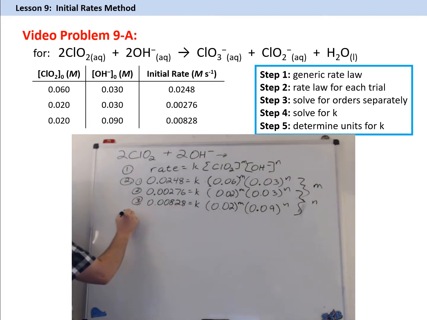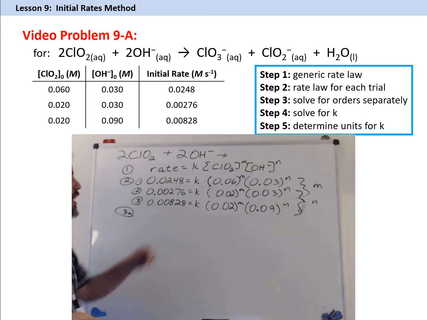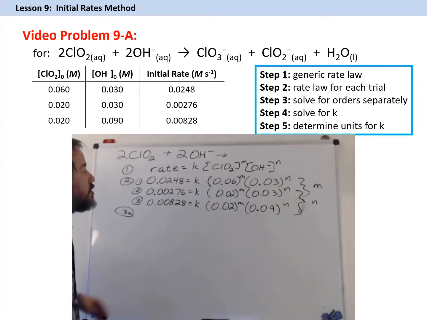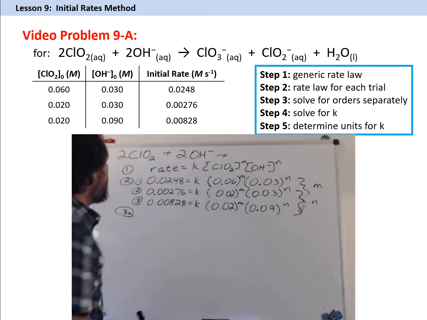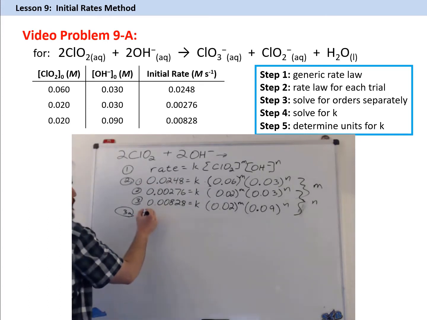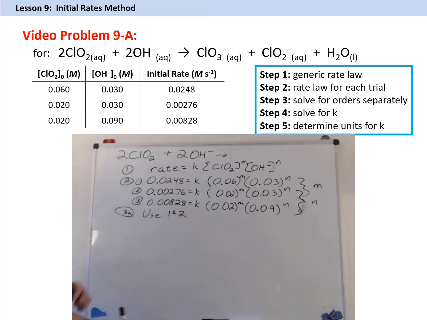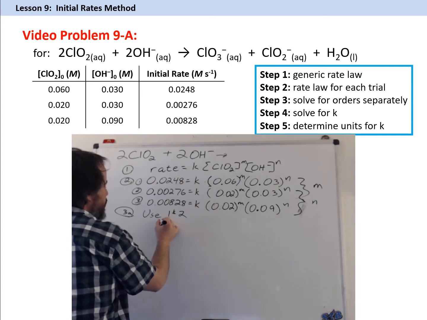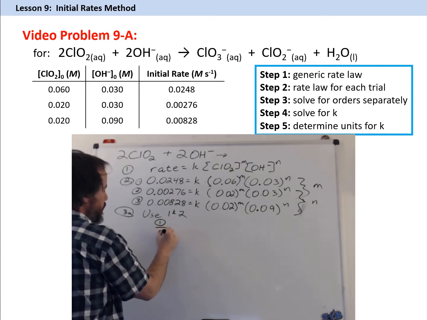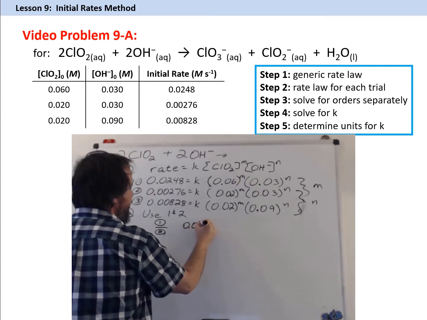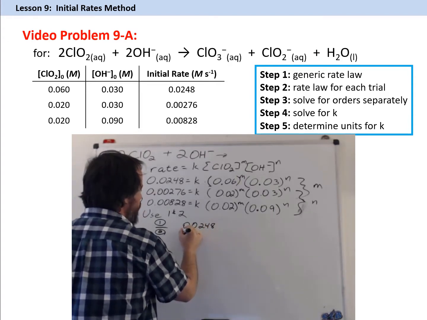So step 3A, right? We're going to try to find m and n. We can do it in either order, but let's start with m. We're going to use number 1 and number 2. The key is we want to put the one that's faster, that has a bigger rate, at the top. So I'm going to do 1 over 2. This half doesn't come into play, it's just an indication so I can know that.